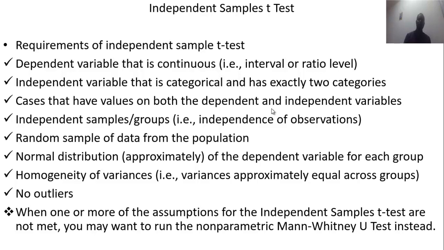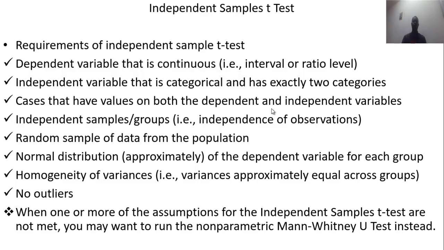It means that if you found your data not normally distributed, if your data don't show homogeneity of variance, if there is heterogeneity of variance across groups, or if there is an outlier, it doesn't assume homogeneity of variance, and it doesn't assume normal distribution of data.